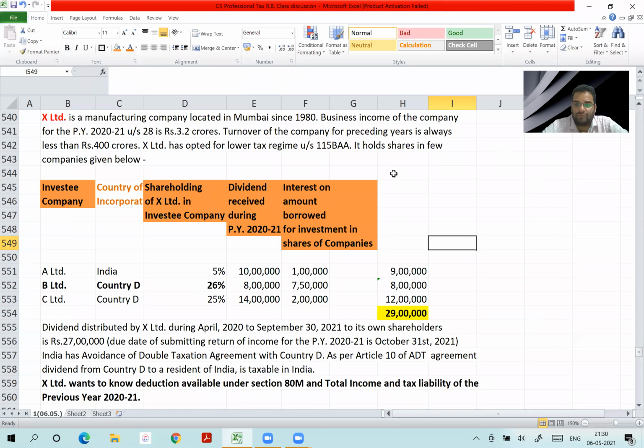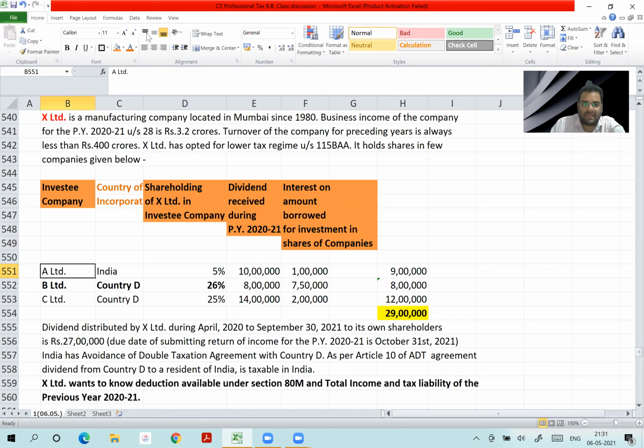Yes, income from other sources. Very good. There is income from other sources. Listen carefully. How much is income from other sources? Let's go step by step. Don't jump to any conclusion.